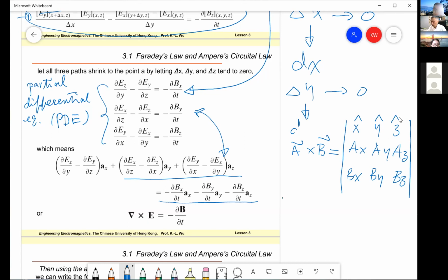Now, if you treat A equal to delta, delta is a differential operator. Delta is defined as partial x, and I just write x to keep it simple.